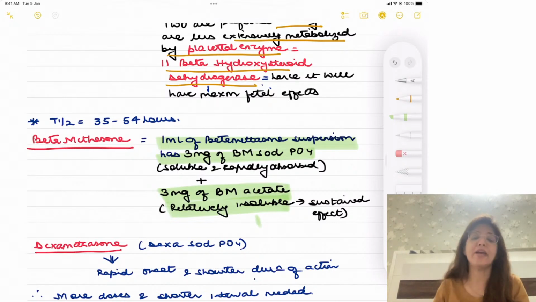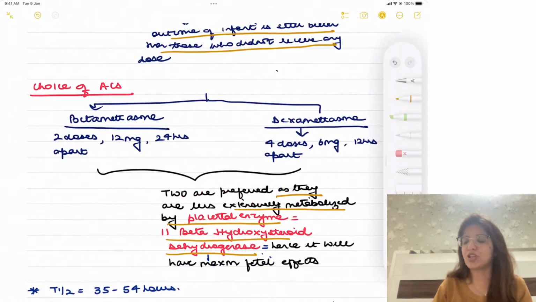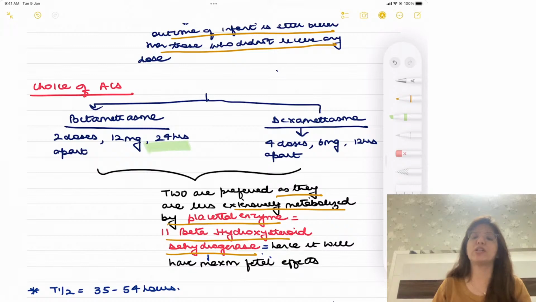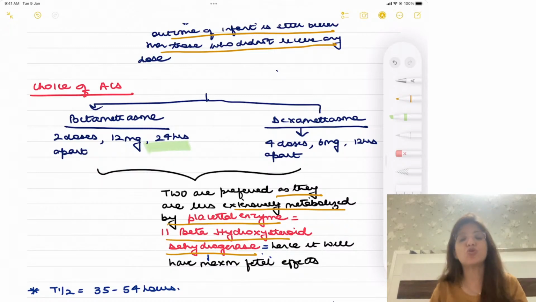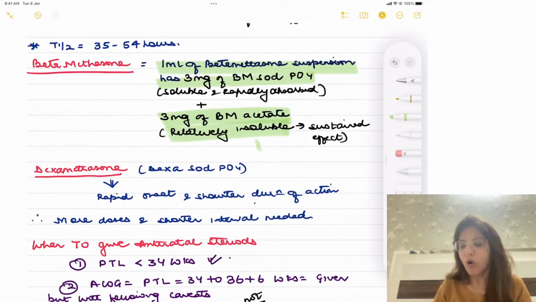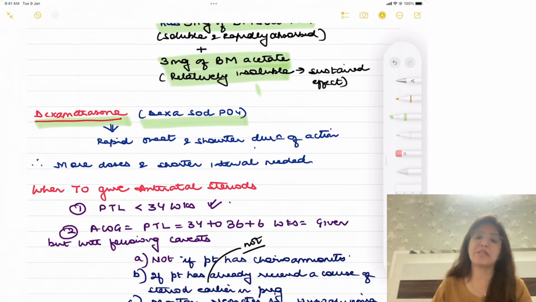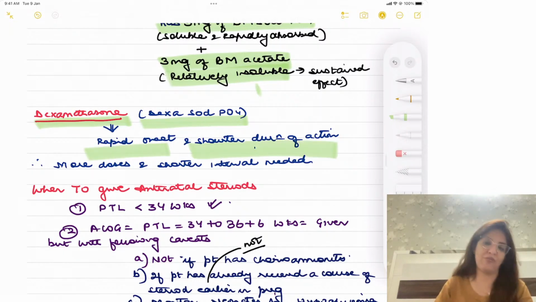Right? And that is why betamethasone has to be given in 2 doses, and the duration between those 2 doses is 24 hours, because it has got a sustained action due to betamethasone acetate. On the other hand, dexamethasone has dexamethasone sodium phosphate. This has rapid onset and a shorter duration of action.